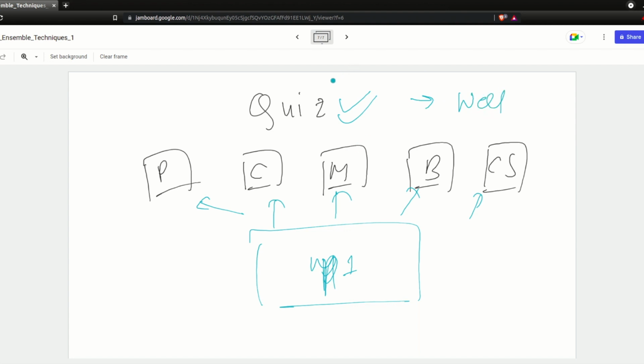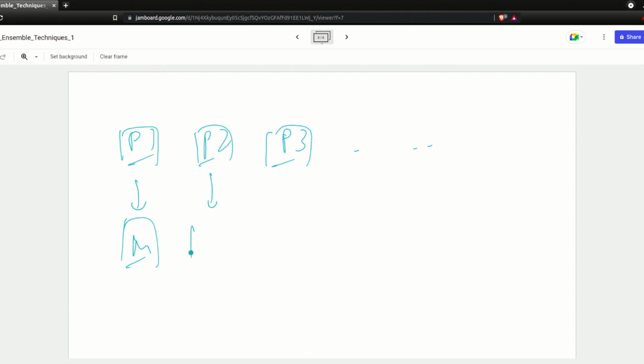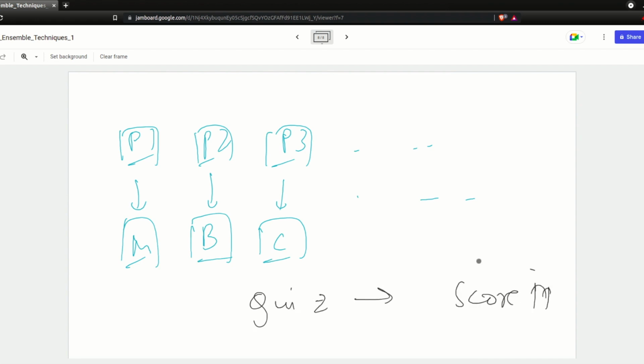But if you give person P1, person P2, person P3, and so on, different subjects, let's say you give P1 math, P2 biology, the third person chemistry, and so on, and then they take the quiz, the score will obviously increase. It's highly likely the score will increase, because we are dividing the work.